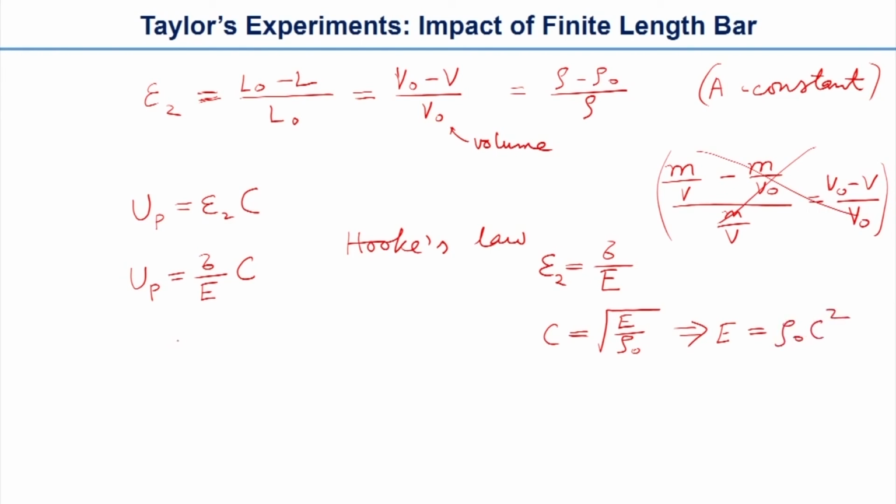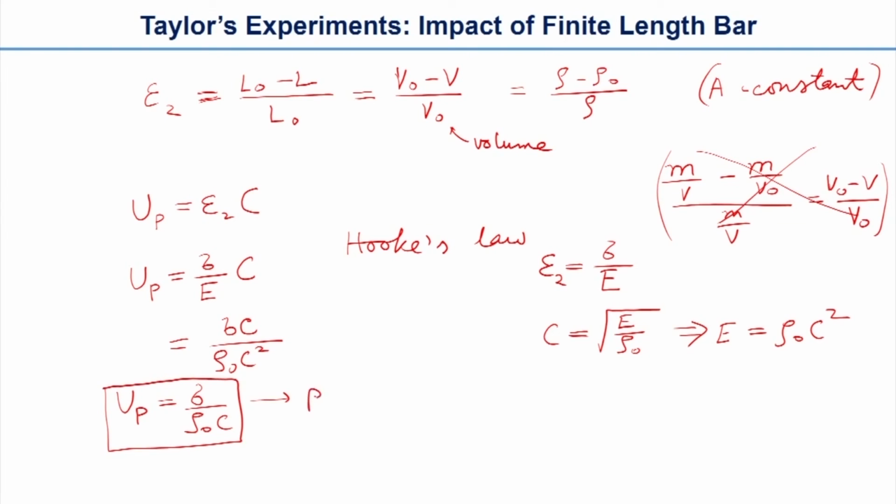So if we write rho naught c square here, then the particle velocity up will be sigma by rho naught c. So this is the particle velocity due to the elastic wave.